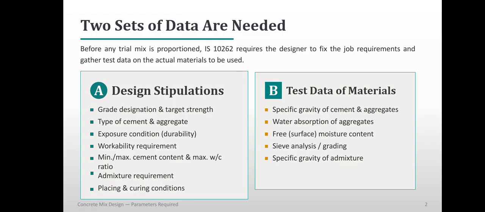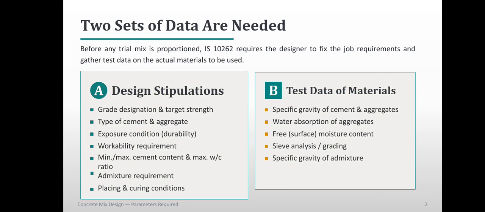According to IS 10262, the required information is divided into two groups: design stipulations and test data of materials. Under design stipulations, we need grade designation and target strength, type of cement and aggregate, exposure conditions, workability requirement, minimum and maximum cement content and maximum water cement ratio, requirement of admixtures, placing and curing conditions for concrete.